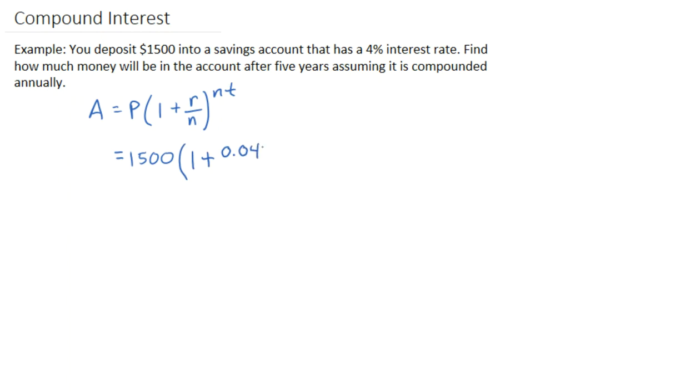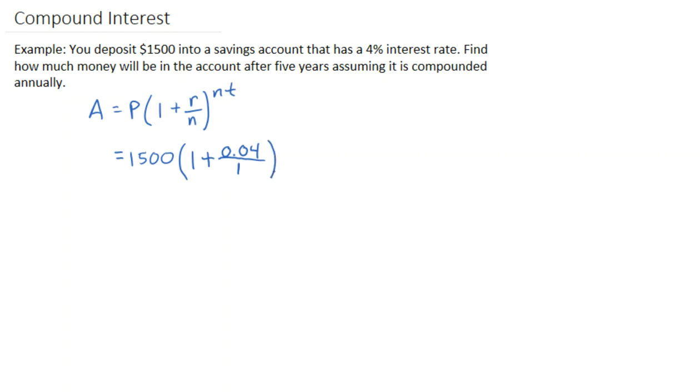So you're dividing that 4 by 100, or shifting the decimal place 2 digits. And then N is the number of times it's compounded annually. In this case, we're compounding once annually, so N is going to be a 1. If we are compounding quarterly, N would be a 4, etc.